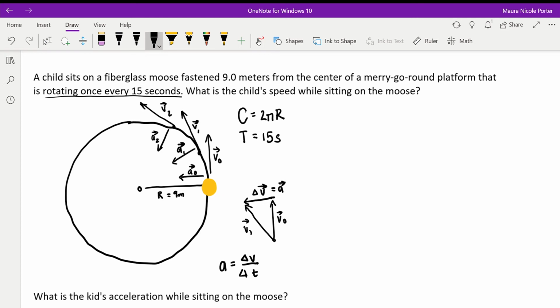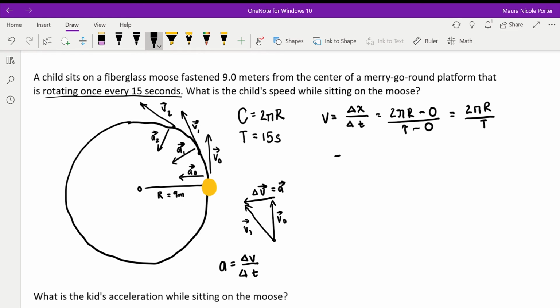And essentially, we can just take the circumference and divide by time, because velocity is equal to the change in position over change in time. Well, our position is 2 pi r minus 0 over t minus 0, which simplifies down to 2 pi r over t.